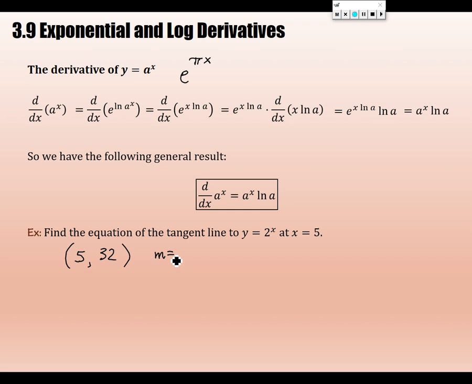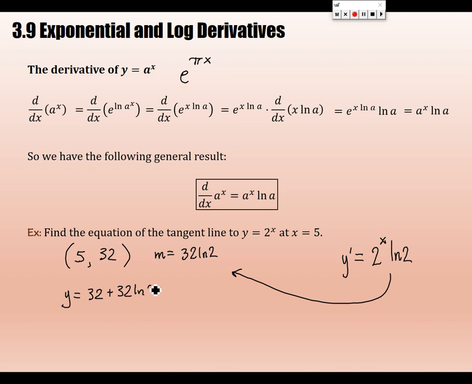So what's y prime? 2 to the x times ln 2. And if we put in 5, we get 32 ln 2 as the slope. Now I think we're ready to write the equation of the tangent line. It's y equals 32 plus 32 ln 2, the slope, times x minus 5.